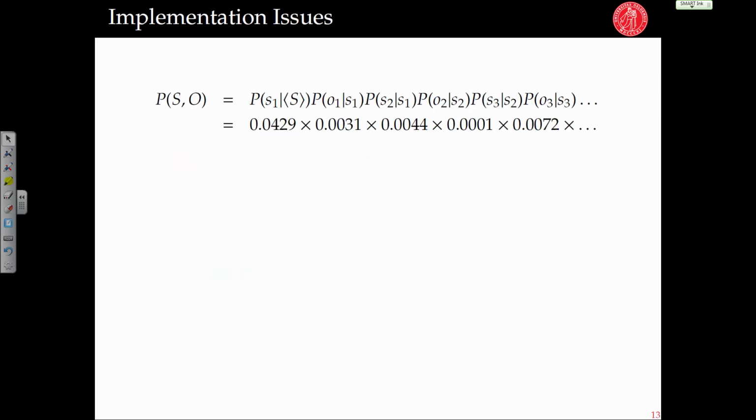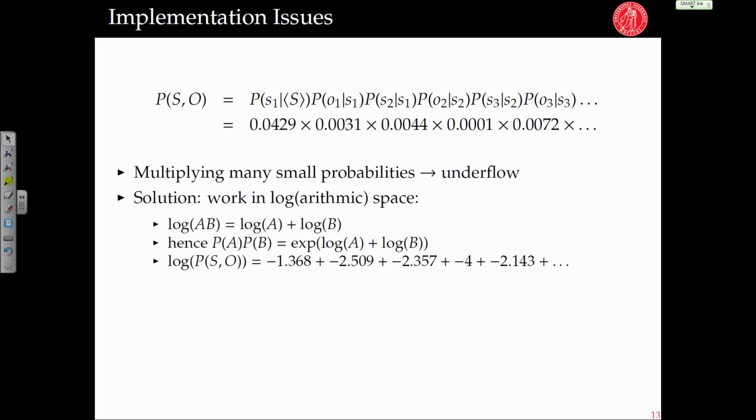Again, very quickly, when we start working with hidden Markov models, we will see the same problem as we have seen in language models. Probabilities are limited to values between 0 and 1, and multiplying probabilities means that you will likely end up running into a floating point underflow. This is something we mentioned last week. So we move our work from the linear space to the logarithmic space, where multiplication becomes addition.